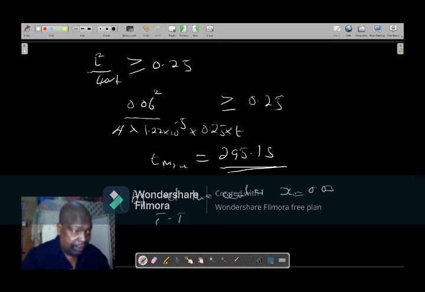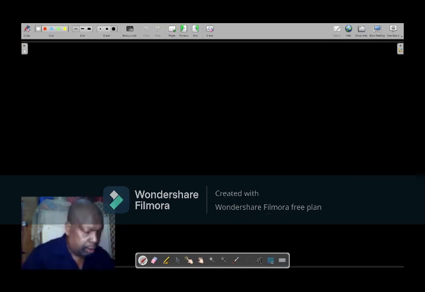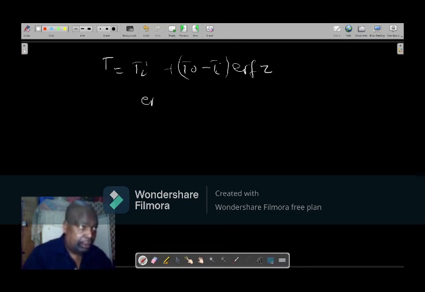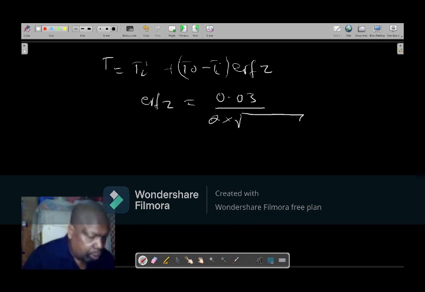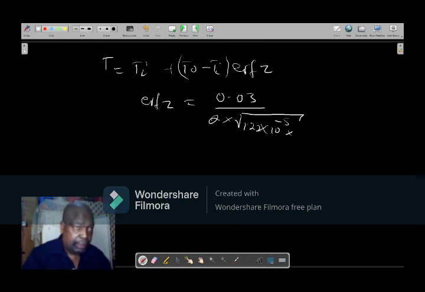B, at the center of the slab, x equals 0.03. So (T minus Ti) over (T0 minus Ti) equals the error function of Z. So T equals Ti plus (T0 minus Ti) times the error function of Z. The argument Z equals 0.03 divided by 2 times the square root of 1.22 times 10 to the power of -5 times t, and t is 1.5 times 60, which is 90.